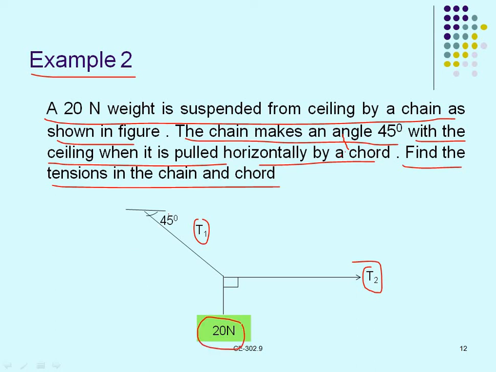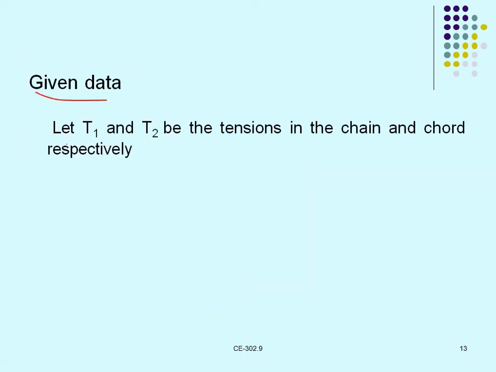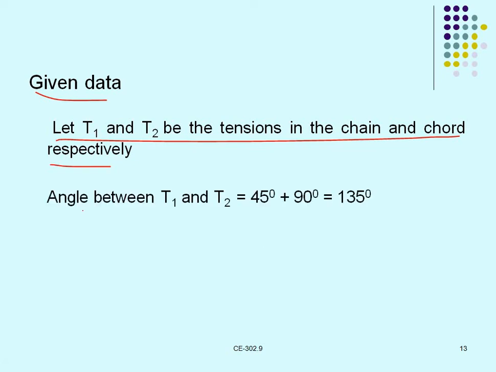The chain makes an angle of 45 degrees. Given data: let T1 and T2 be the tensions in the chain and cord respectively. The angle between T1 and T2 is equal to 45 degrees plus 90 degrees, which is 135 degrees.